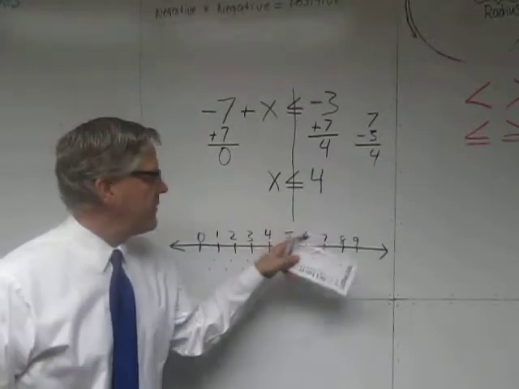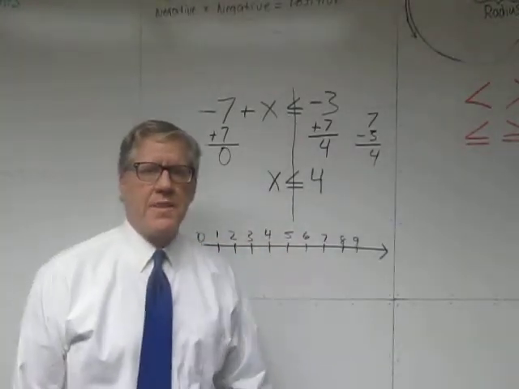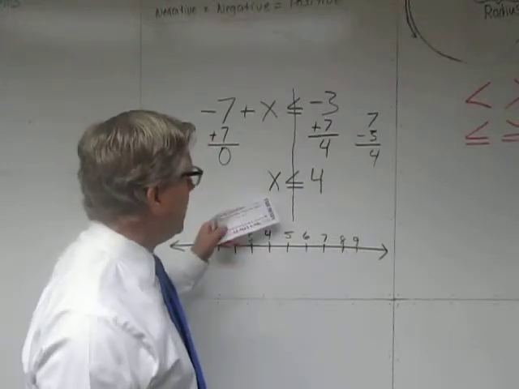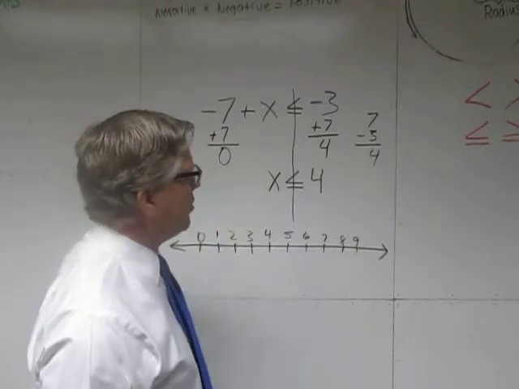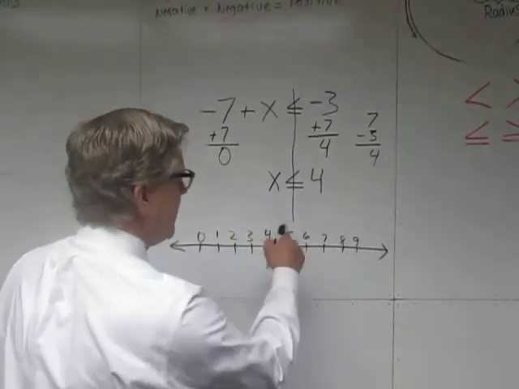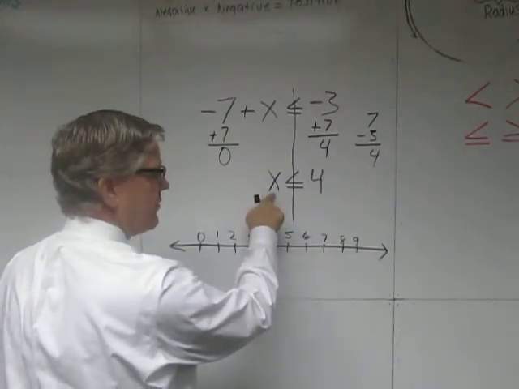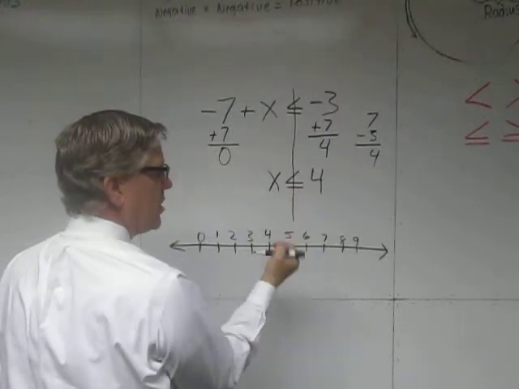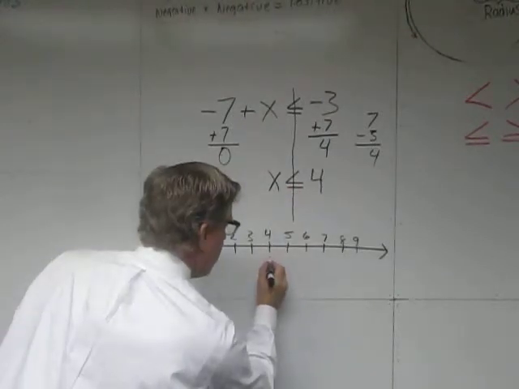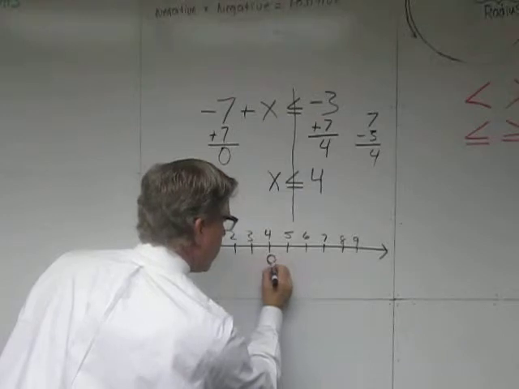Here's our number line. We've got 4 right in the middle. We're going to plot this, okay? If x is less than or equal to 4, we can think that it's going to include 4. If we substitute 4 in for x right here, is 4 less than or equal to 4? Sure it is. So we're going to start with our circle right here.